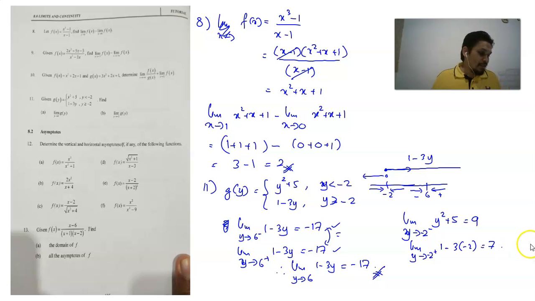So for number 11, the limit as y approaches negative 2 from the left exists, which is equal to 9. And the limit as y approaches negative 2 from the right exists, which is equal to 7.